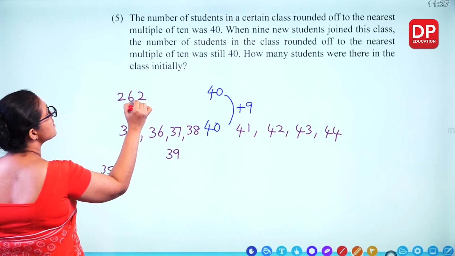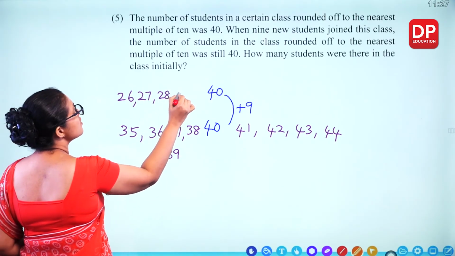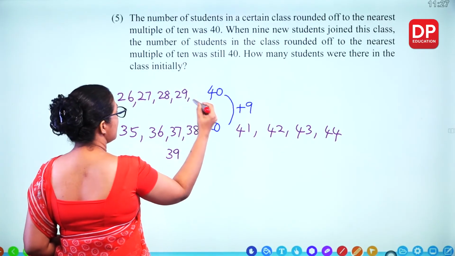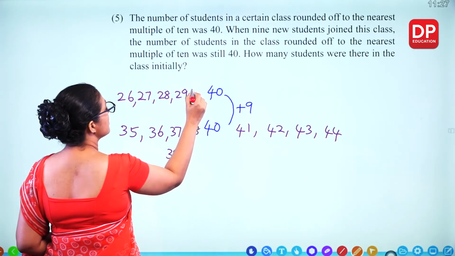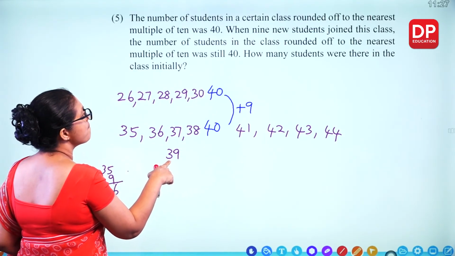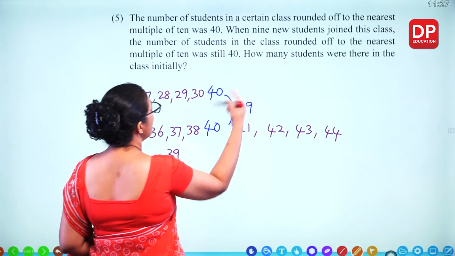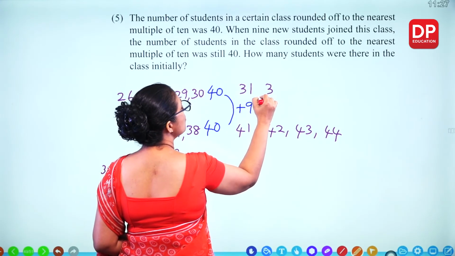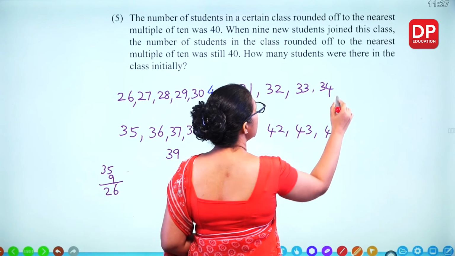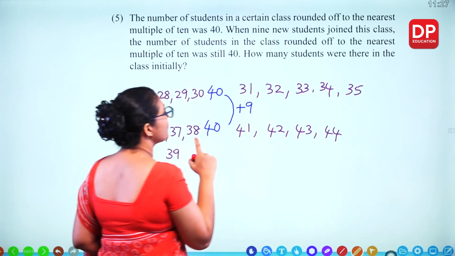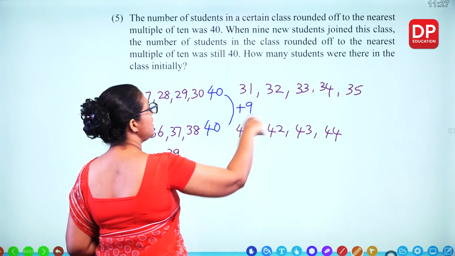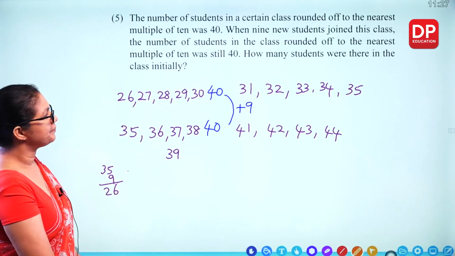So you get 26, 27, 28, 29, 30. Here 39 minus 9, then this side 31, 32, 33, 34 and 35. So that's towards this side. So 40 minus 9, 31. So you can get these numbers.